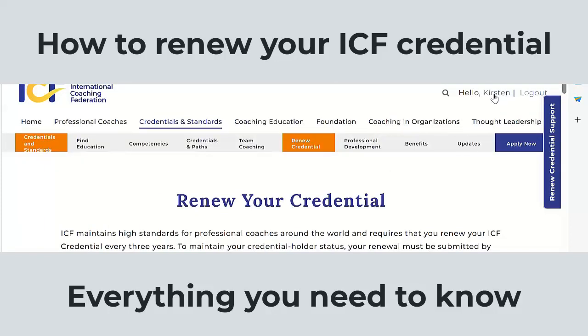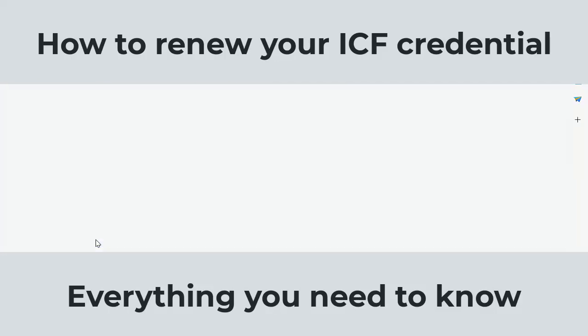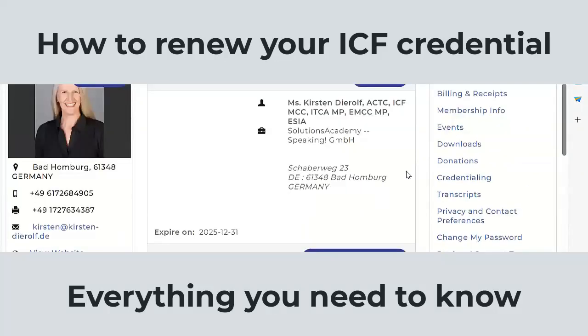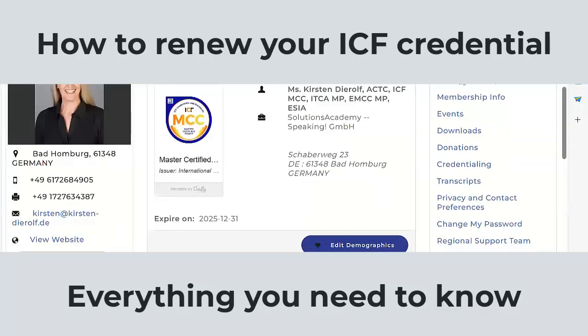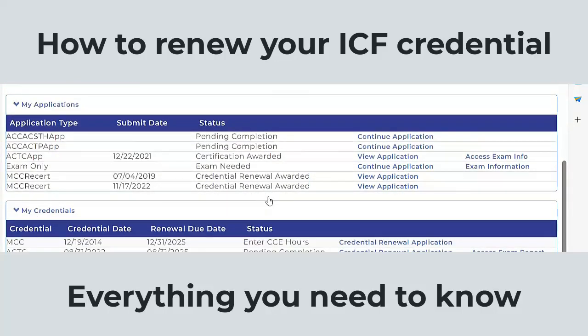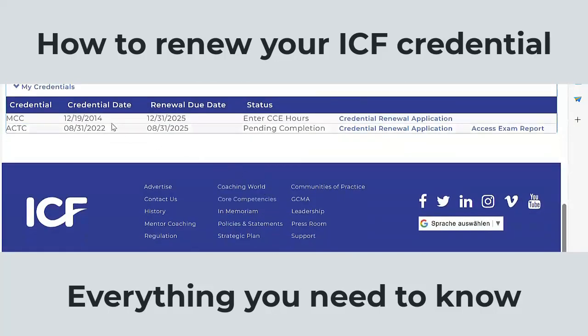Here I'm logged in. I'm logging into my profile, accessing my profile. And then you can find some links here. You click on credentialing. You have all of your applications. And here you see I'm MCC.